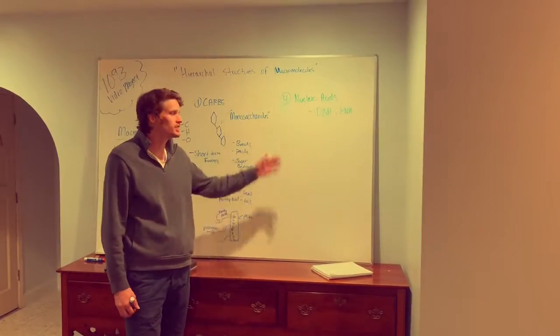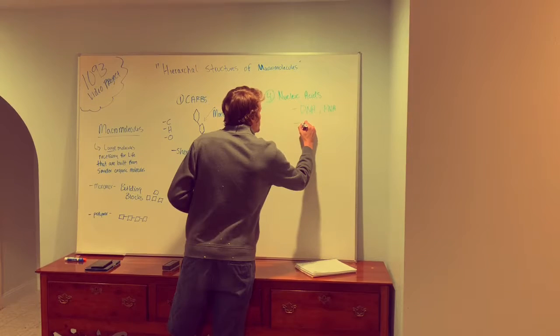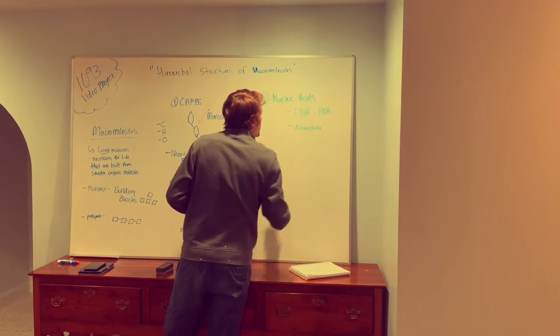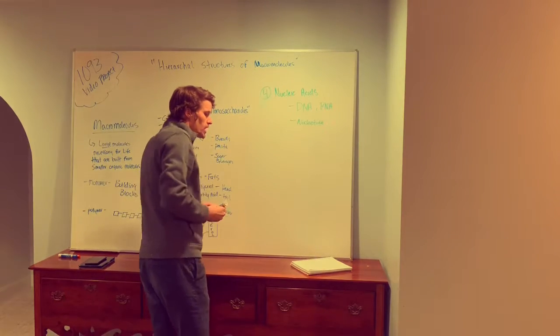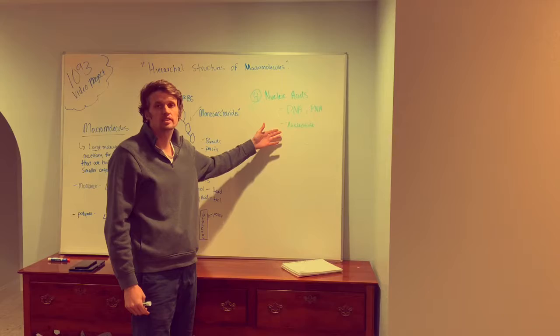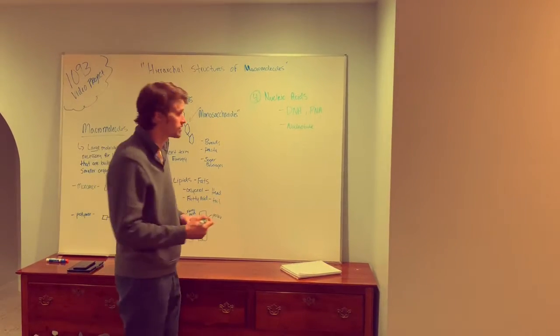So nucleic acids, their monomer is going to be called a nucleotide also. And their components are going to be derived from creating coding and traits of genetics from the RNA and the DNA strand. And there's 3 parts to this.